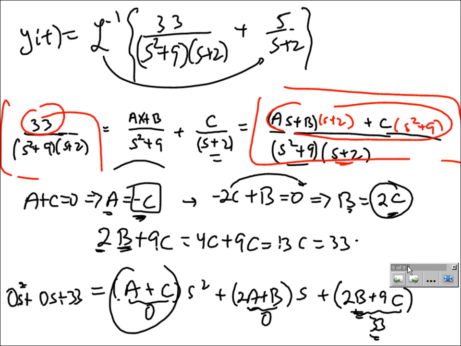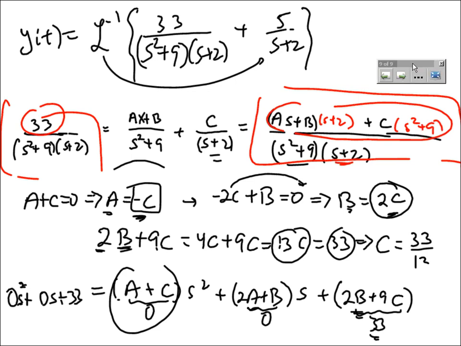And that equals 33. Dividing that side by 13, you get c. Divide that by 13, you get 33 over 13. So now we have what c equals.